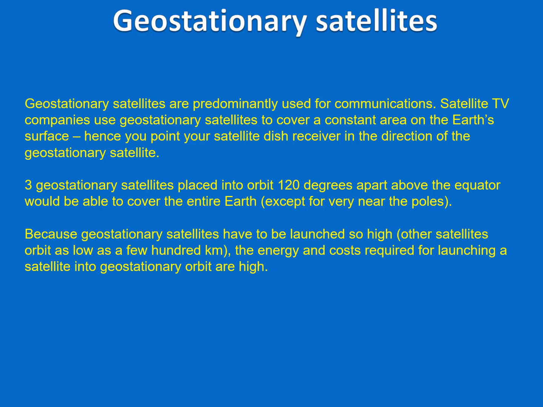There's quite a lot of energy required to move it to this position. We'll calculate that in a moment. So we can work out the radius of geostationary orbit, and that's what we're going to do next.